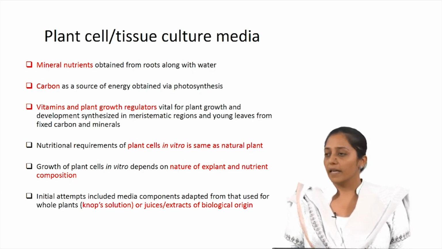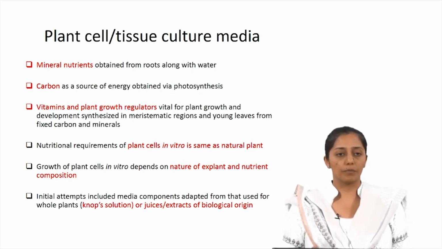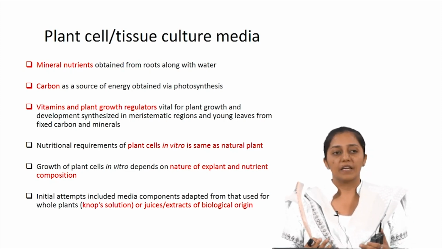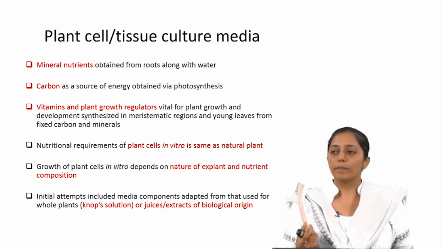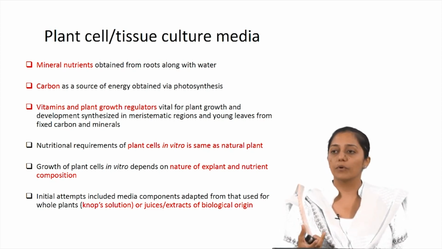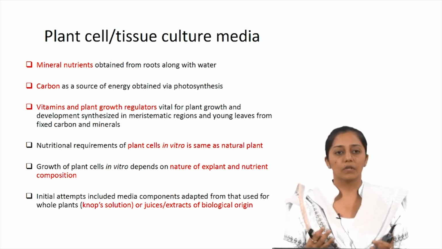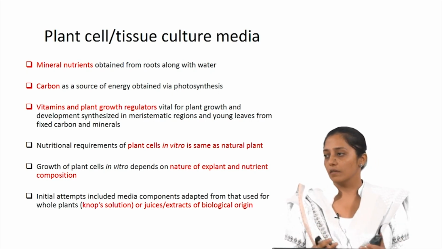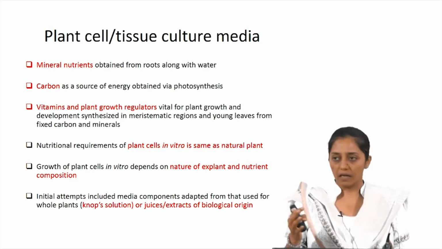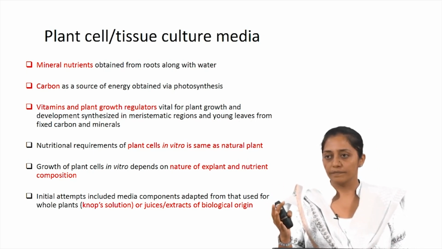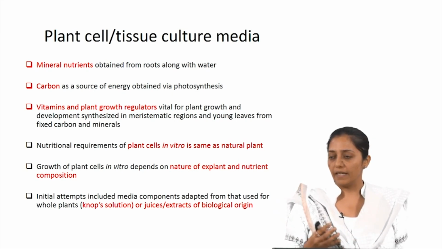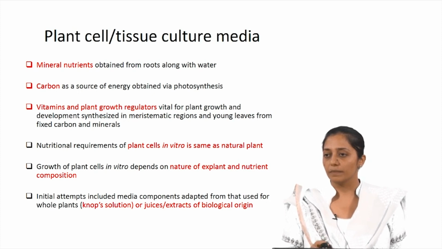So initial attempts at media formulations in plant cell and tissue culture included application of Knop's solution. Now Knop's solution is a very old medium which is majorly composed of major salts. Have you heard about what kind of salts come under the major class of salts? Have you heard of micronutrients and major nutrients? So any examples of major nutrients?